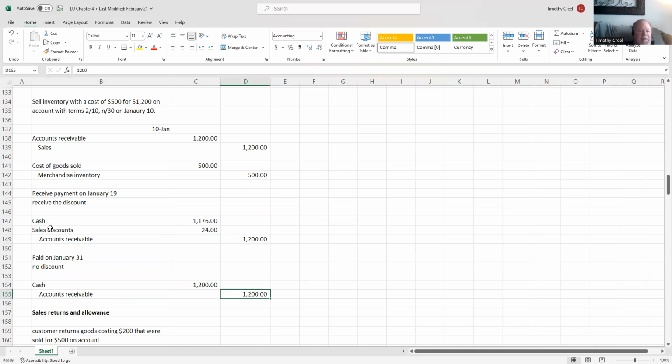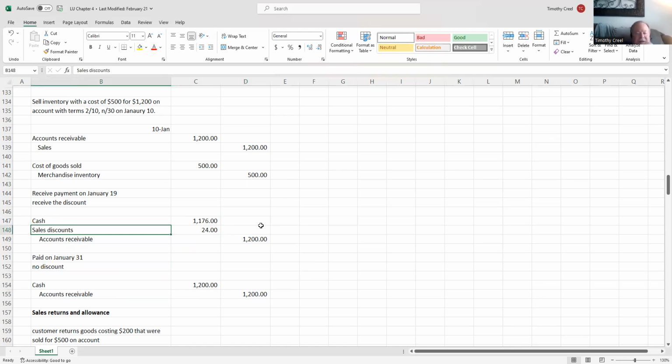Now, the sales discounts account, which we'll look at a little deeper in a moment, represents the amount of discounts given to customers. By breaking out discounts into the discount account, and by breaking out returns and allowances into a separate account, you're better able to see your total sales, how many discounts are being taken, and how many items are being returned.